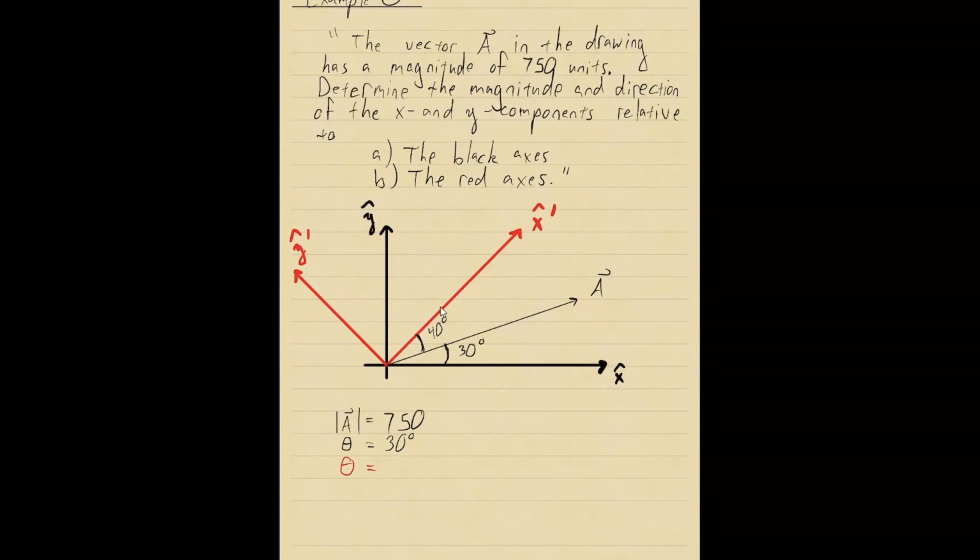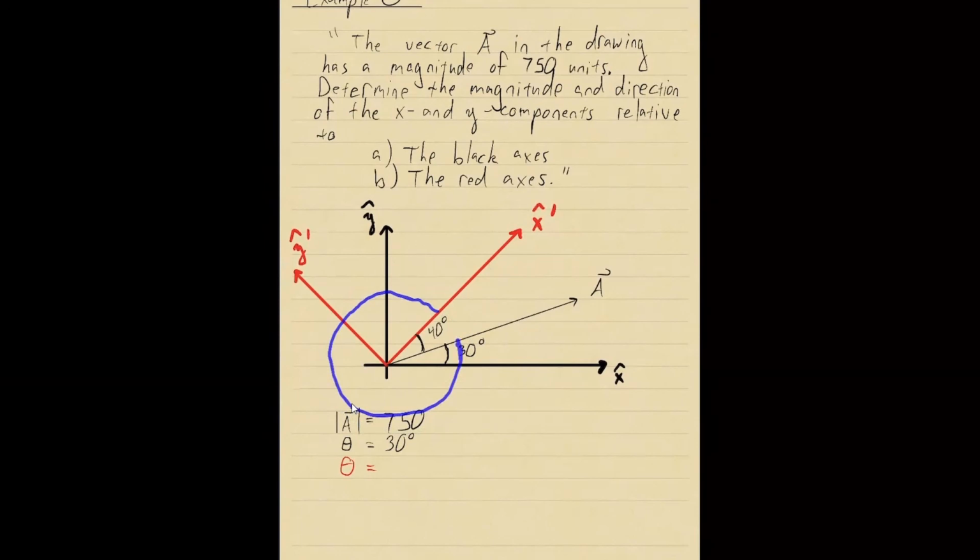Starting from the positive x prime axis, if we were to go all the way around, that would be an angle of 360 degrees. But really, for the red axis, in order to hit our vector A, we need to go around and we hit the vector A here.